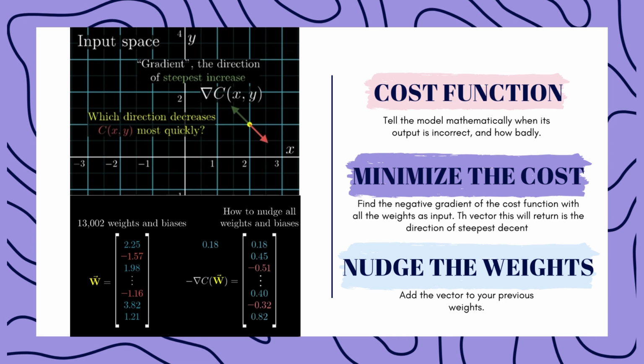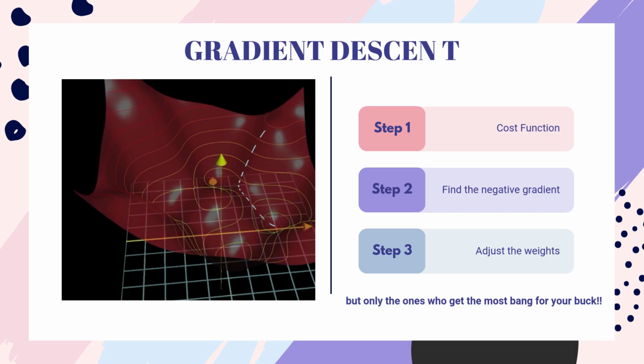This vector will just look like a bunch of numbers, but when you add that to your original weights, which could also be represented as a vector, or also as a matrix, but vector in these cases, that would nudge your weights.